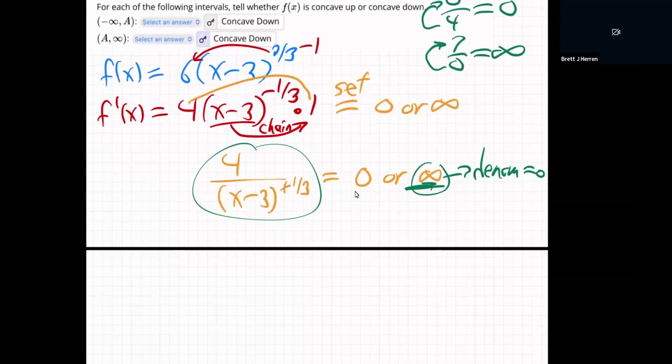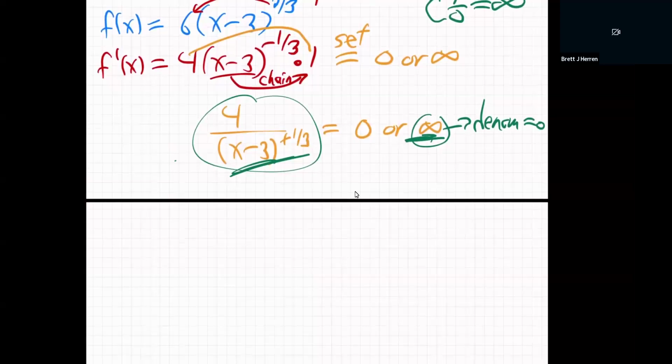So basically the question is, can that denominator equal 0? Yeah. And that denominator, x minus 3, just the denominator by itself, is going to equal 0 whenever x is 3. I don't need to solve anything, just look at it.